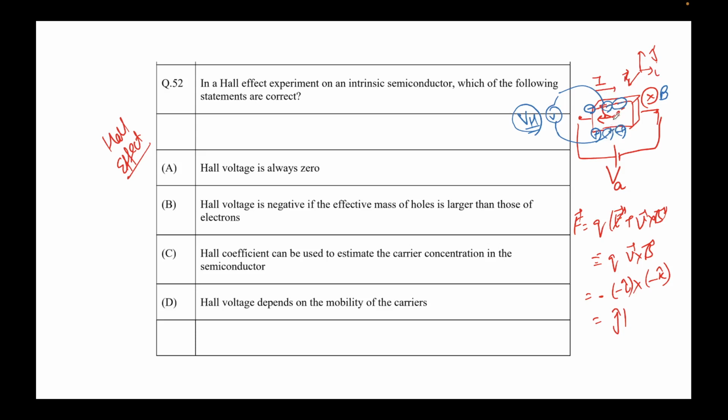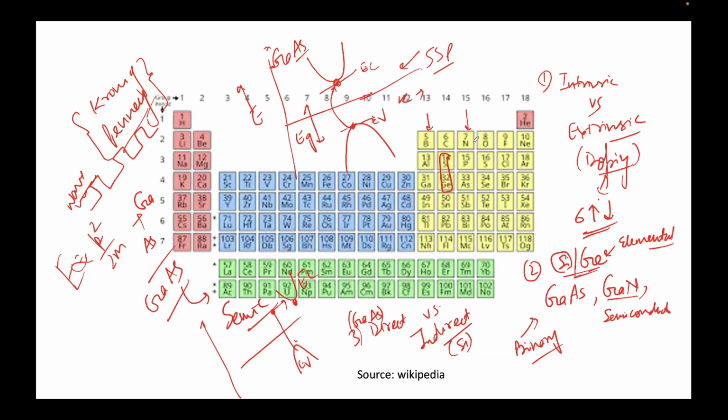So we can see that electrons and holes behave differently. Why are they behaving differently? Simply because they have different charge. This Q will change the sign, correct? So it's a good tool to see whether a semiconductor is N type or P type. What do we mean by N type? I'll go to the previous slide.